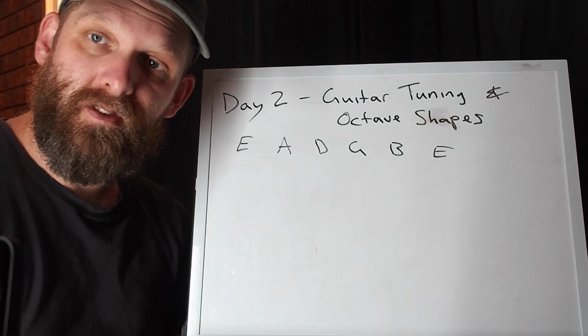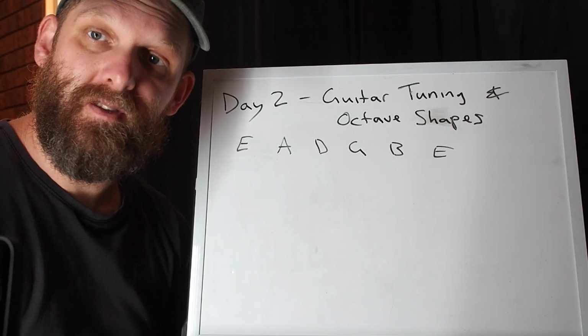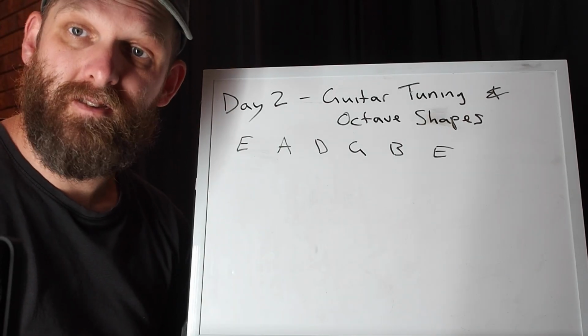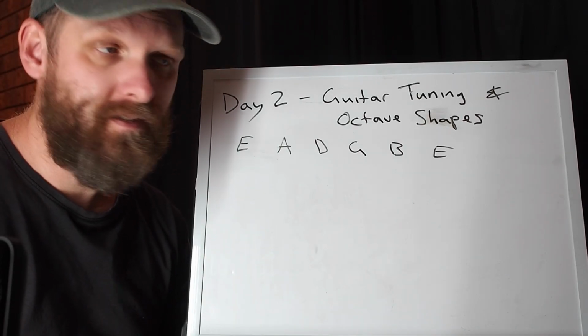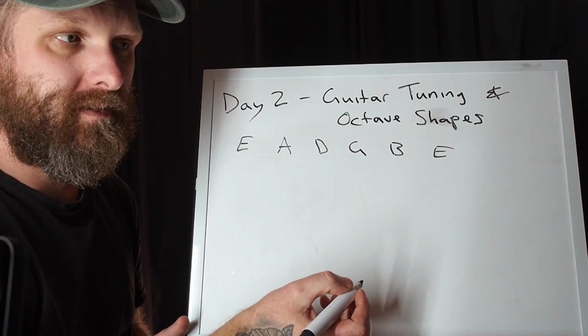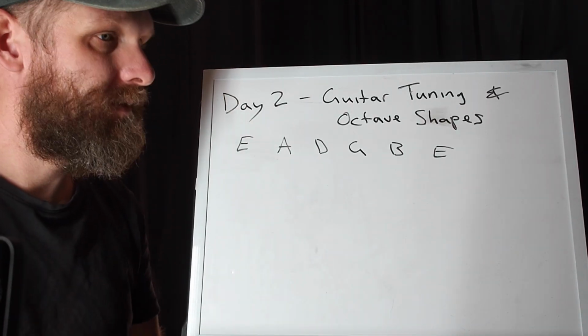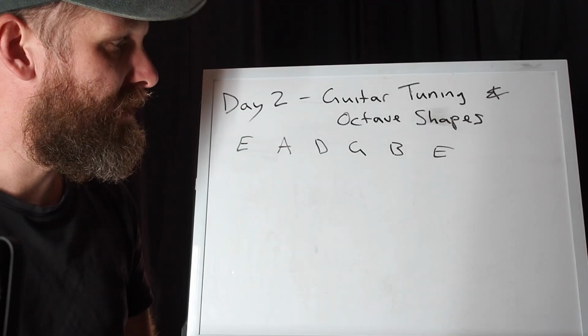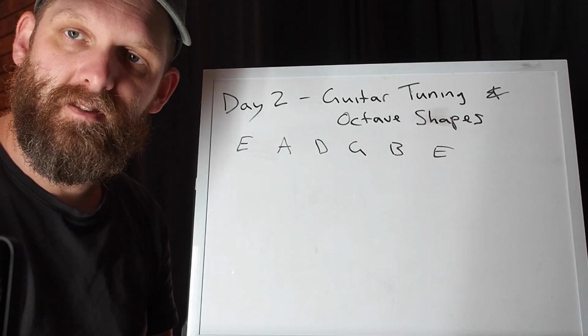The guitar is tuned this way just to help with chord shapes and scales and accessibility with our left hand. There is a little bit of a pattern here. Everything is in fourths except the G and B string, which is the distance of a third.